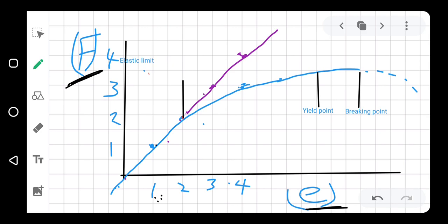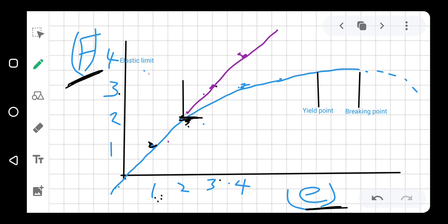It has a junction at this side. Now 2 and 2, we have an extension at this side. Now 3 and 3 are also supposed to have their own extension at this side. But see what happens when this material reaches this point. When it reaches this point, it bends.